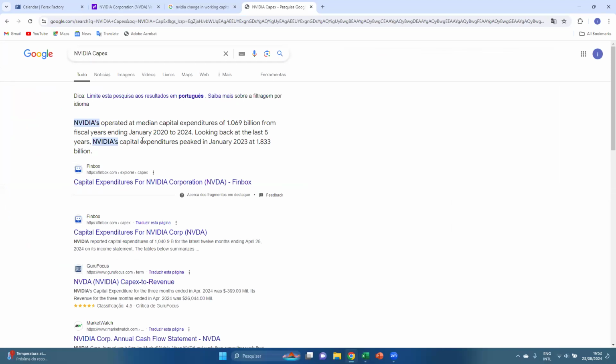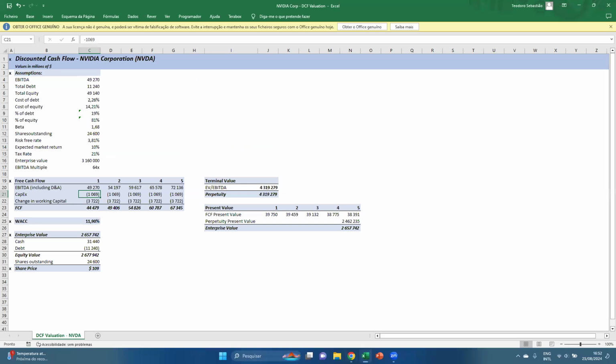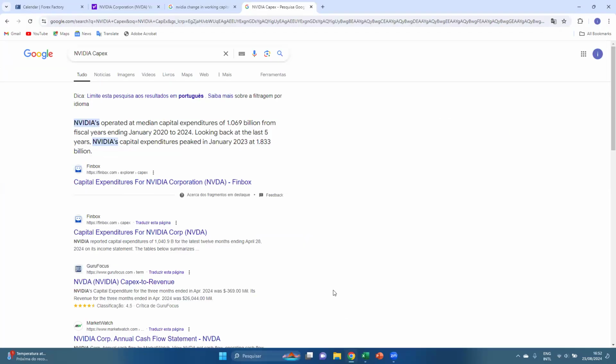NVIDIA's capital expenditures peaked in January 2023 at 1.8. I think I used 1.8. No, I didn't.